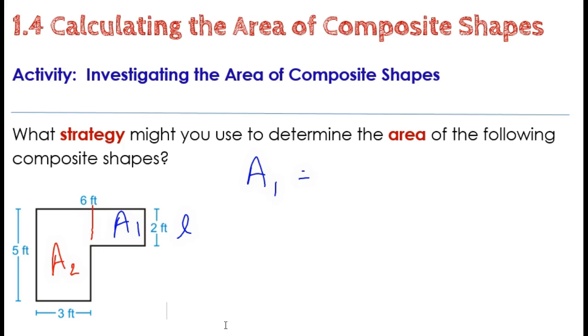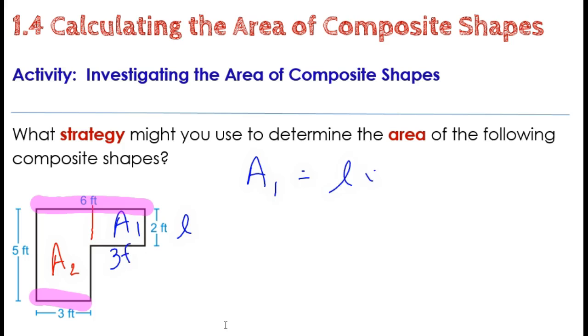But what I do know is that the entire length is 6 feet on this end and 3 feet on this other end here. So this missing edge right here is going to have to be 6 minus 3, which happens to be 3. Now I know that little length has to be 3 feet.